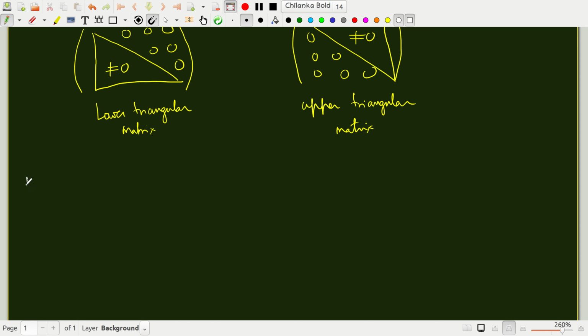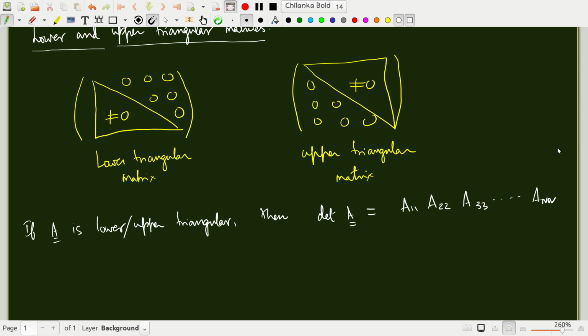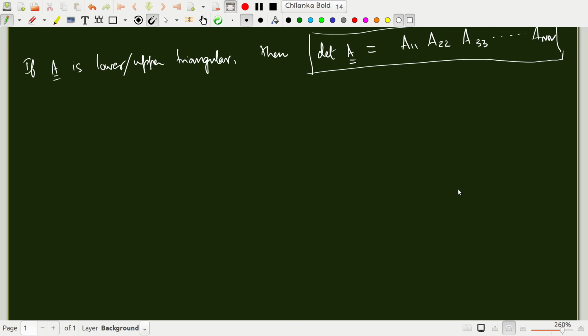If matrix A is lower or upper triangular, then the determinant of A becomes simply the product of all the diagonal entries. You can verify yourself that because of the presence of all these zeros, the determinant will just be the product of the diagonal entries in either case. This is a huge simplification while calculating determinants, especially if you are able to reduce a matrix to lower or upper triangular form, then the determinant calculation is trivial.